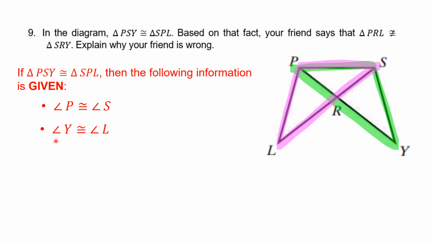Now that we've taken care of the angles, let's do the sides. So PS is congruent to SP, of course. I'm just looking at the way the triangles are named. So PS and SP, those two are, of course, congruent to each other. And then SY, that's the next part of the triangle name, PSY. So SY would be congruent to PL.